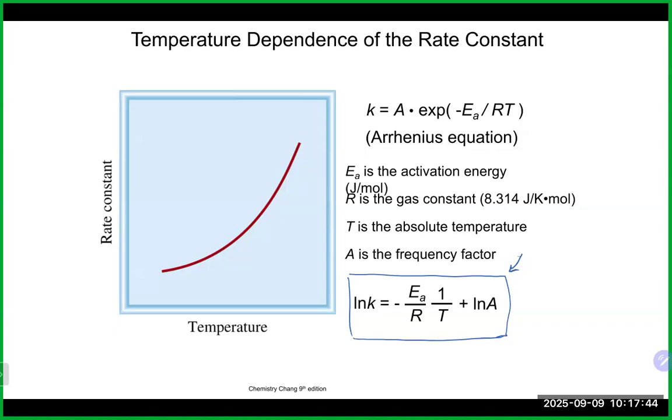What we see on this graph is the dependence of the rate constant on temperature. At low temperatures, we have a low rate constant for that reaction. As we increase the temperature, we see a much larger rate constant, and thus a larger rate.